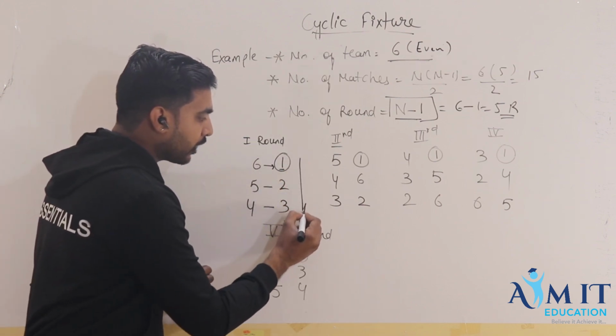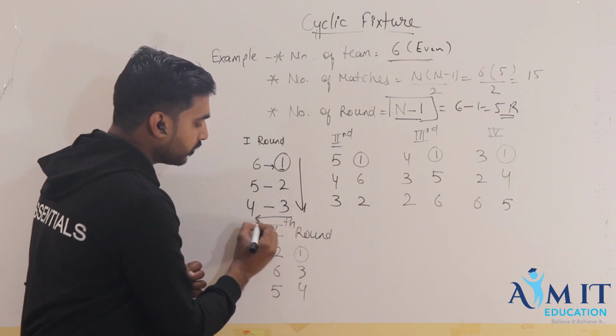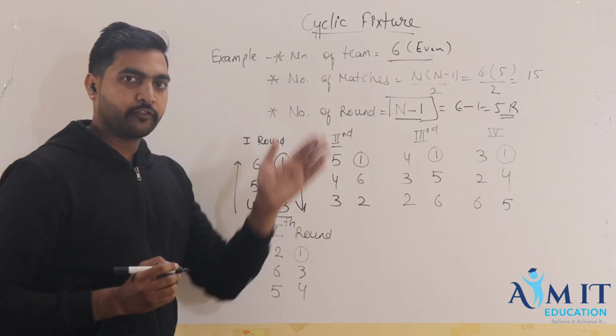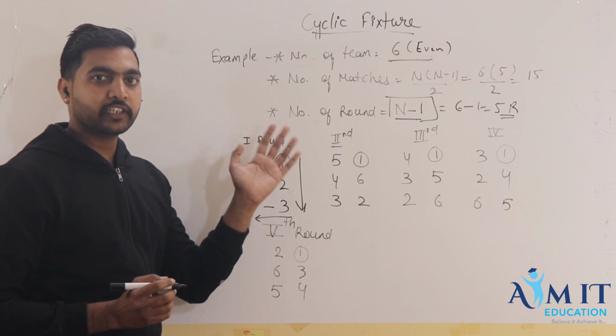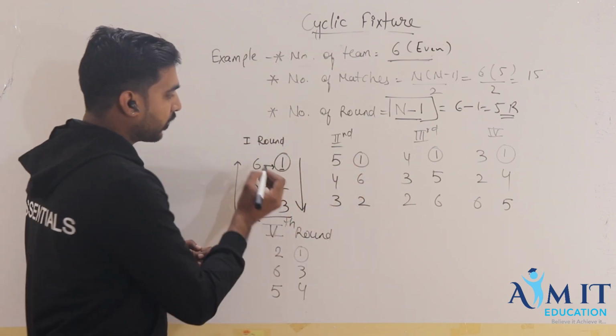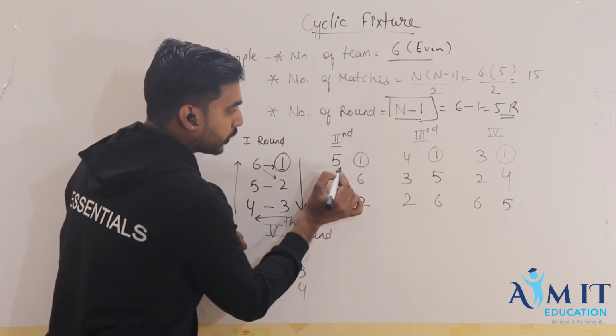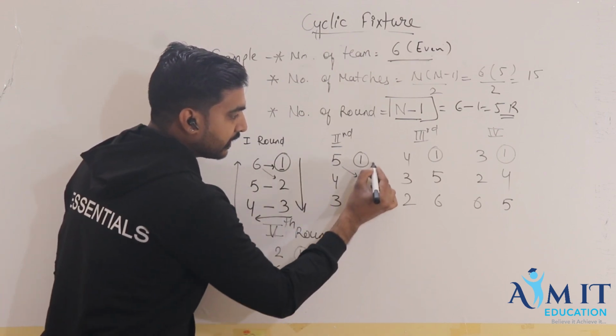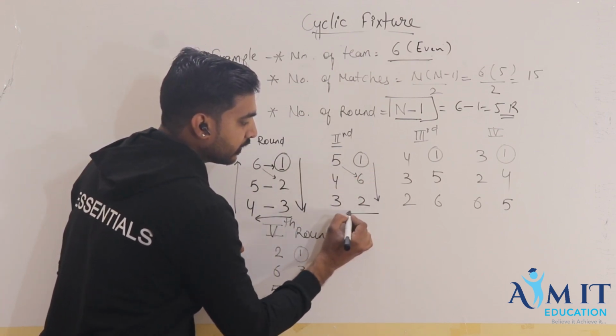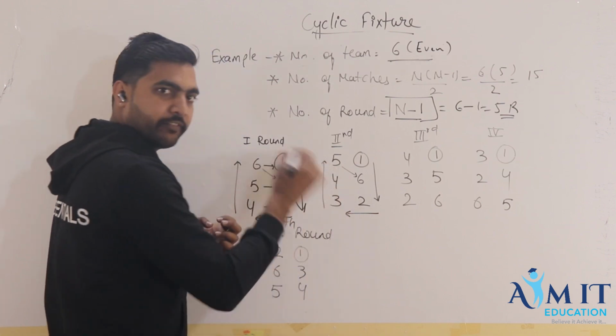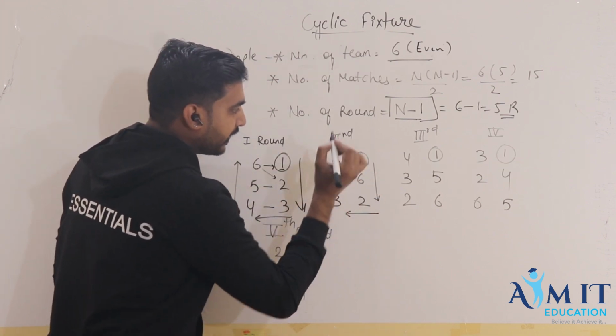With the arrows we show the rotation. In cyclic fixture, in which direction do the teams rotate? Clockwise direction. 6 comes at the place of 2. So here is 6, then rotation in which direction? Clockwise direction.